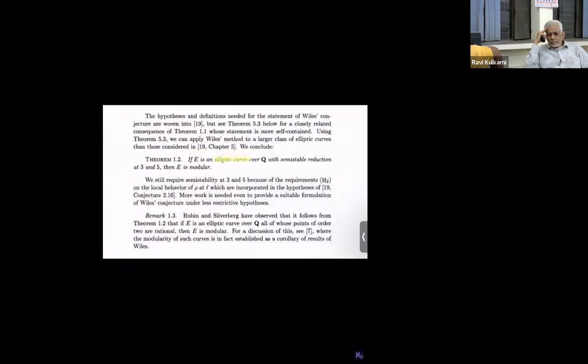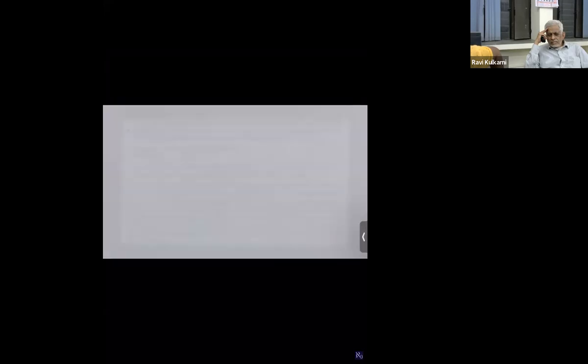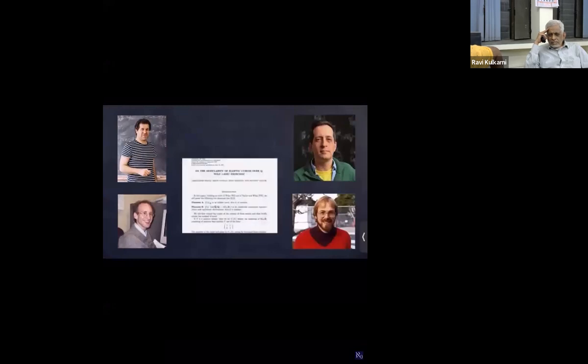So the Taniyama-Shimura conjecture was then proven for all curves that were semi-stable at 2 and 3. Then it was proven for all curves satisfying an even weaker technical condition. And then in 2001, the full conjecture was proven by Breuil, Conrad, Diamond, and Taylor. And thus, a theorem that first seemed impossible to attack just 40 years later was completely solved.